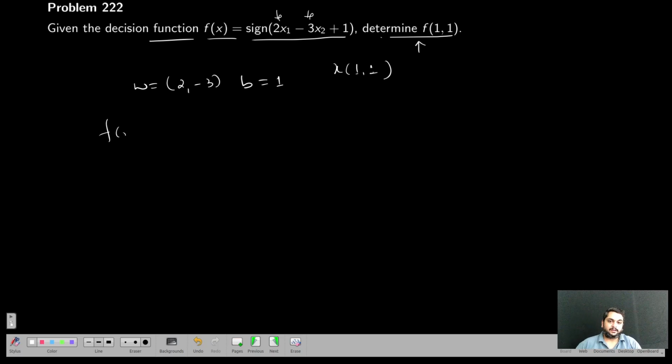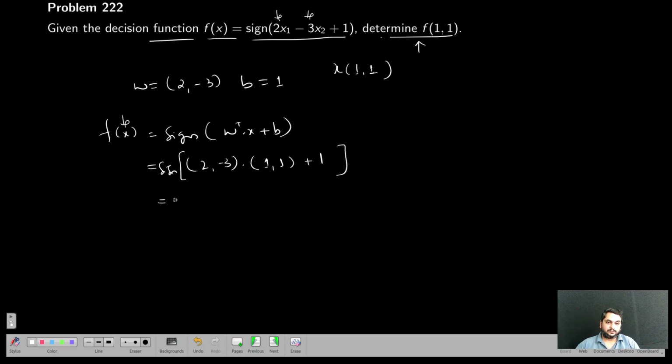So we will write f of x for the new point 1 comma 1 is equal to sign of W transpose into x plus b. So this is 2 comma minus 3 dot 1 comma 1 plus 1, sign of this. So this is 2 minus 3 plus 1, which is equal to 0.